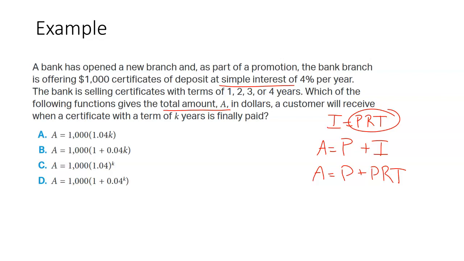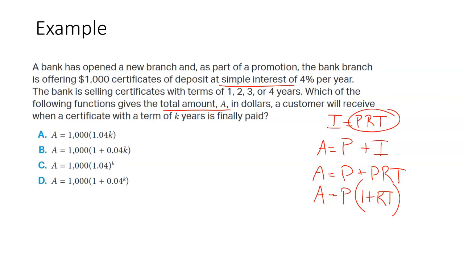And then to make it a little bit more common or annoying, depending on your point of view, instead of having P plus PRT, we factor out that P. And you'll see this one even more often. This is the most common form of that formula. So for simple interest, the amount is going to be the principal times 1 plus the rate times the time.